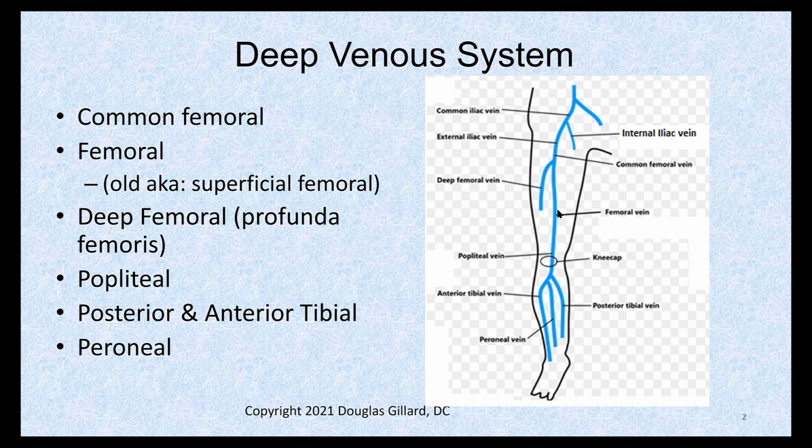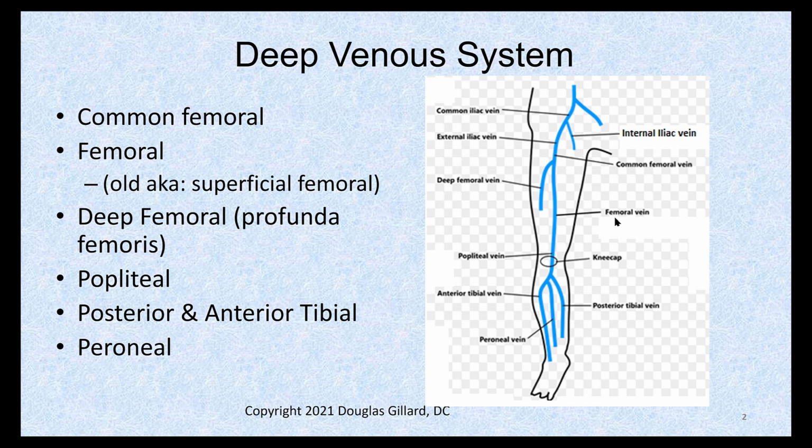Back in the day, they used to call this the femoral vein and femoral artery, and this the superficial femoral vein and artery. But the femoral vein is the main player in the deep system, the one that carries blood out of your lower extremities. 85 to 90% of your blood is carried out of your lower extremities through this deep system, including the femoral vein.